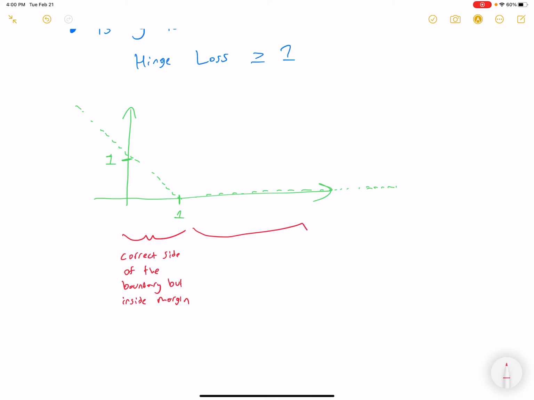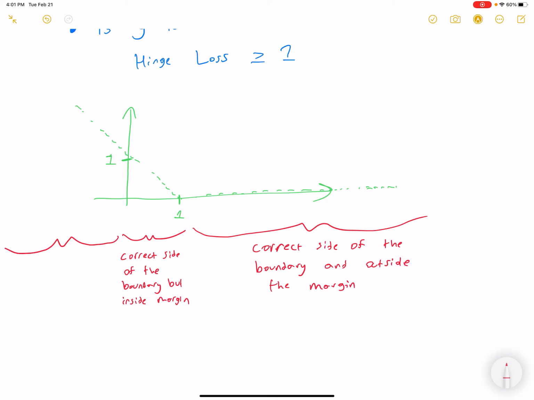If we're out here, we're on the correct side of the boundary, and outside the margin, which is great. Great scenario to be in.